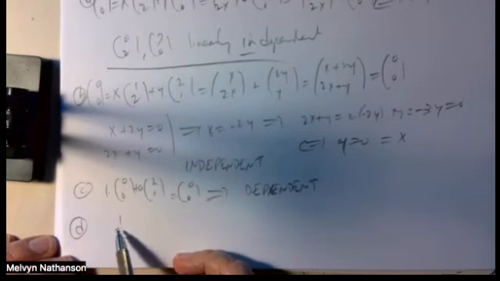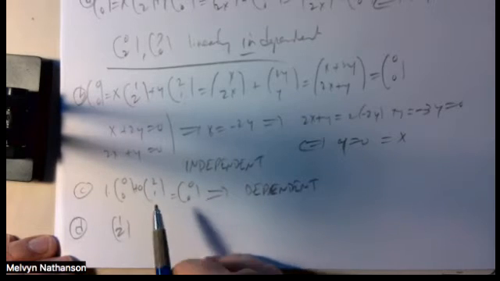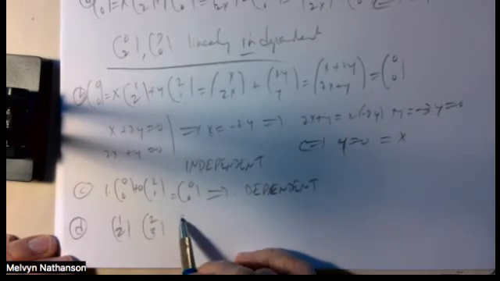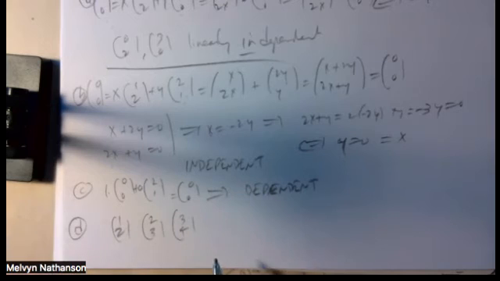And for the vectors (1, 2), (2, 3), and (3, 4), again, we know these are dependent because you cannot have 3 linearly independent vectors in a two-dimensional vector space.